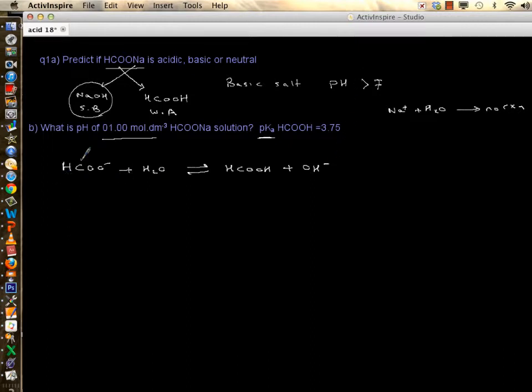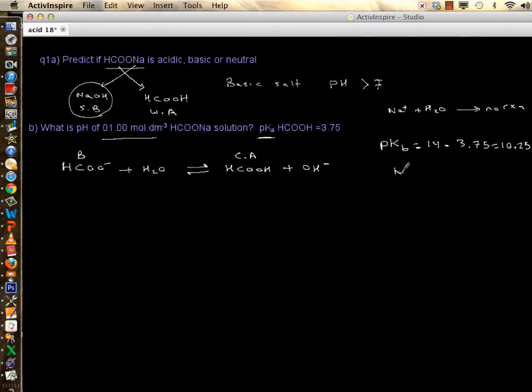Now this is a base dissociating to give you a conjugate acid, so I need Kb. So from pKa, first I'm going to find pKb. pKb plus pKa is 14, so 14 minus 3.75 is my pKb, which happens to be 10.25.